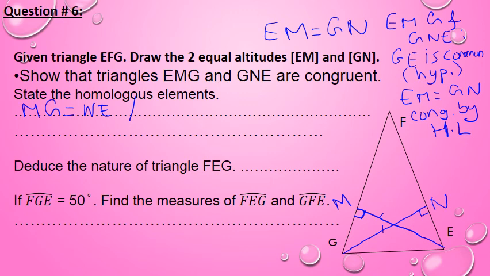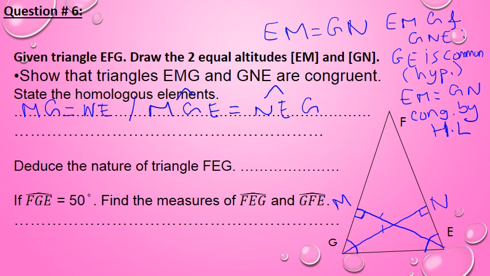Which angles are also equal in these two triangles? Yes, Dana. MGE and NEG. So angle MGE is equal to angle NEG. Yes. Which angles are also equal? Yes, Ali?